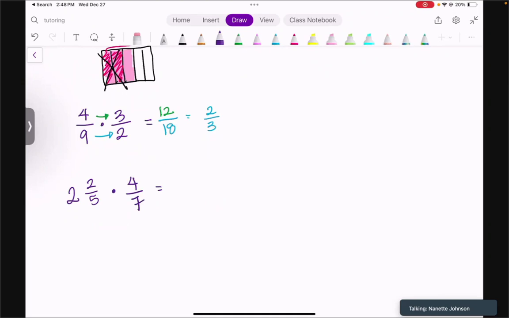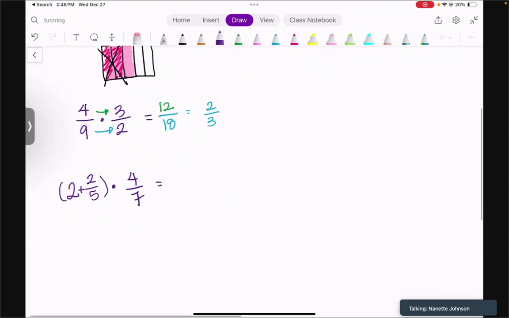And you're like, oh, just multiply the top times the top and the bottom times the bottom. You kind of can do that, but then you have to remember there's an invisible plus that goes right there. So I'll show you this in 2 different ways. You have to kind of like think about this as I'm multiplying 4/7 times the 2. So 2 times 4/7.